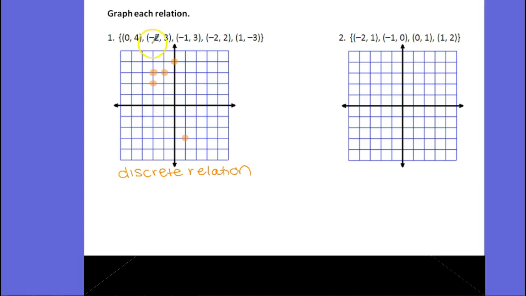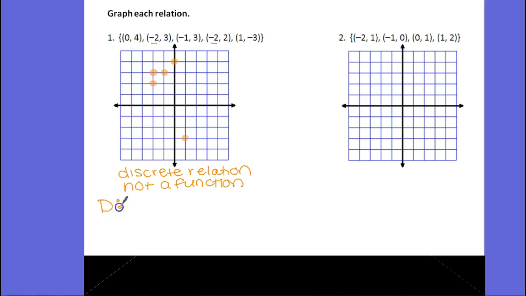Negative 2 repeats on x, and a function cannot have repeating x's. So this is not a function. The reason I'm adding that in today is because some of those popped up on the homework and I didn't have it as a definition.